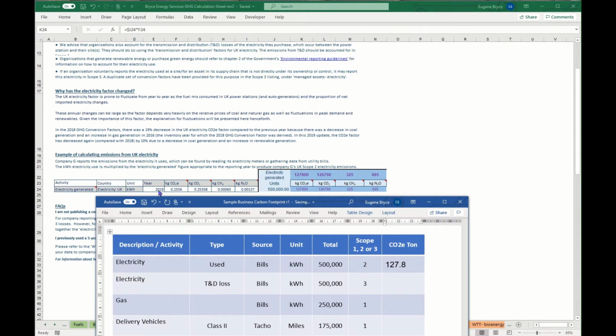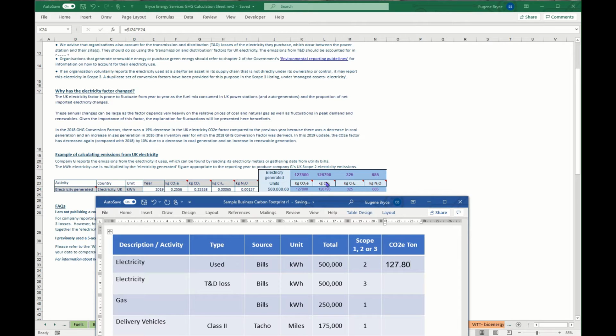So in the year 2019, per kilowatt hour, we have 500,000 units of electricity generated, and that gives us a figure of 127,800. I want that in tons, so kilograms to tons, 127.8. I'll just put a 0 there, to have two decimal places.